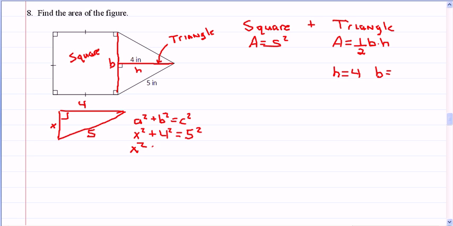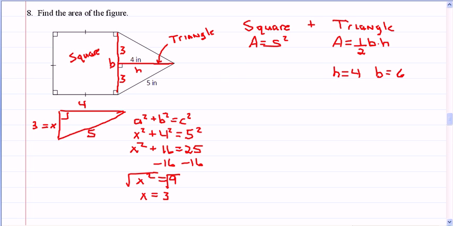I have x squared plus 16 equals 25. So x squared is equal to 9, and when I take the square root of both sides, I get x is equal to 3. So with this length equal to 3, we have a 3 here and a 3 here, which means that the entire base is equal to 6.